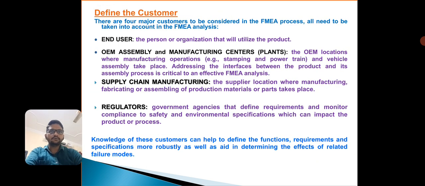Next, who are the customers in FMEA? There are 4 major customers to be considered during the FMEA process. First is the end user. The person or the organization that will utilize the product is the end user. Second is OEM assembly or manufacturing center plants, the OEM locations where manufacturing operations like stamping, powertrain, or vehicle assembly take place.